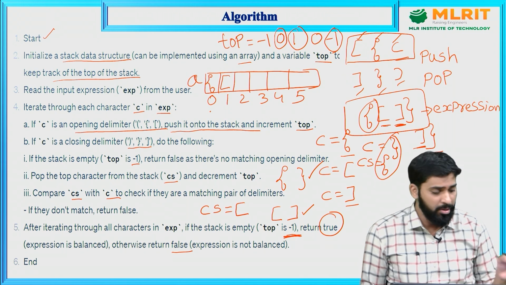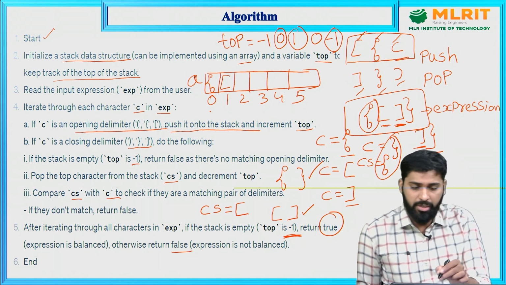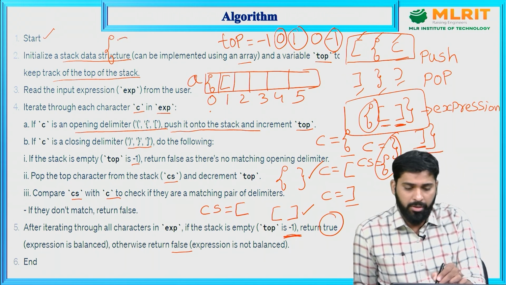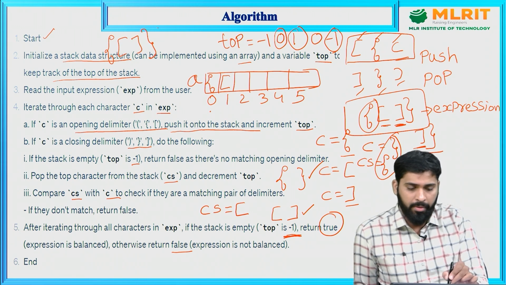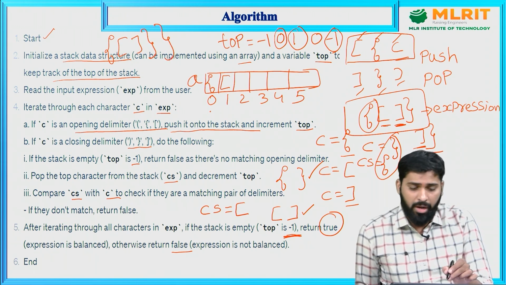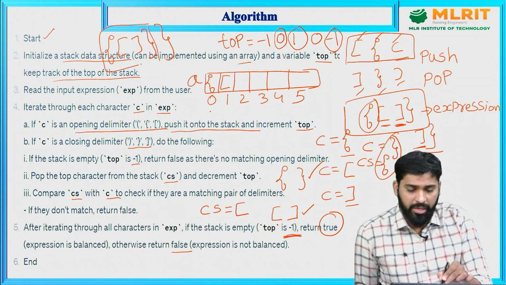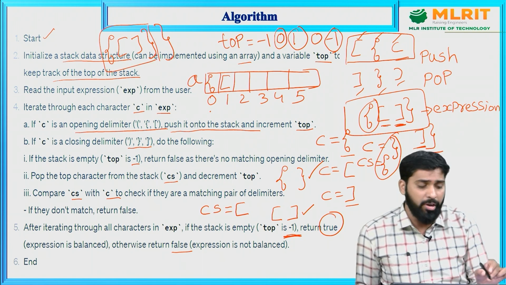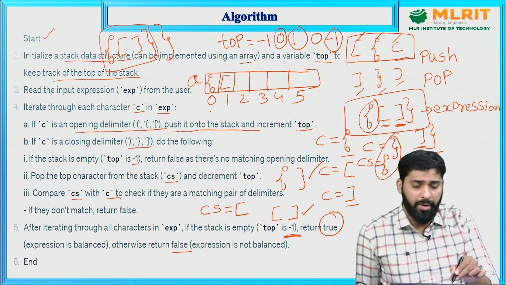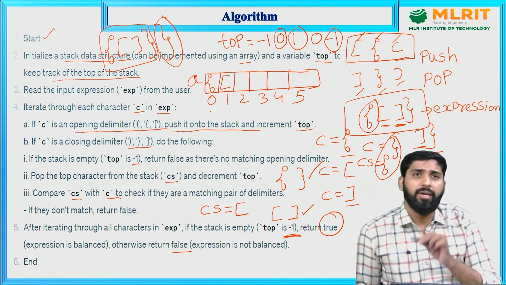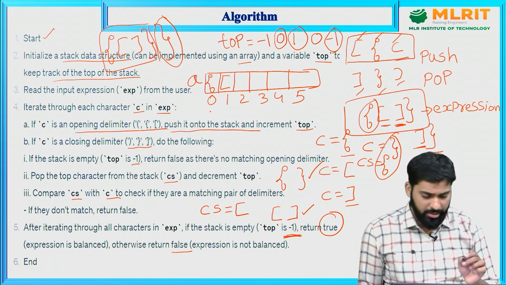For example, let us assume this is the expression. Up to here it is balanced and the top value becomes -1, but we have another character to check. In this case, we return false.